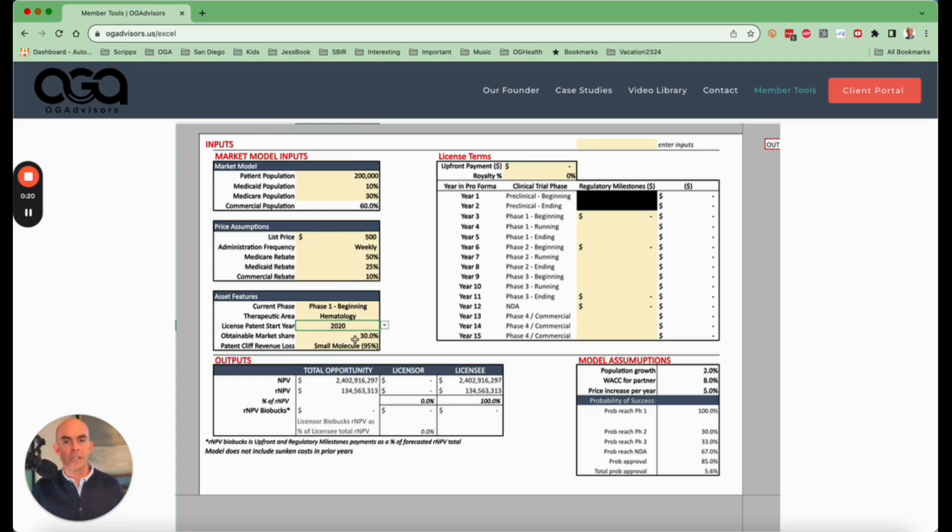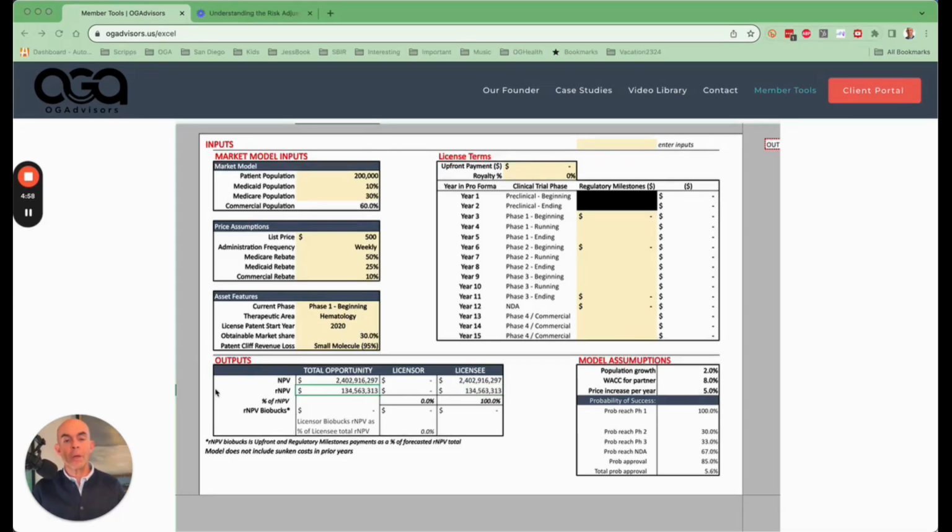Once you've put these together, you can already see the opportunity as it pertains to the overall value of the asset, meaning the overall opportunity, assuming no risk. And then, because it's a preclinical asset or just starting, what is the risk-adjusted value of the entire asset?